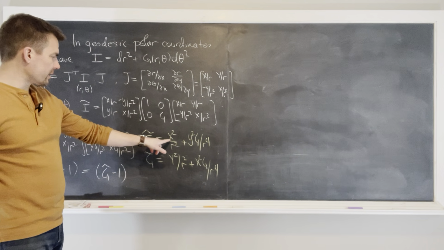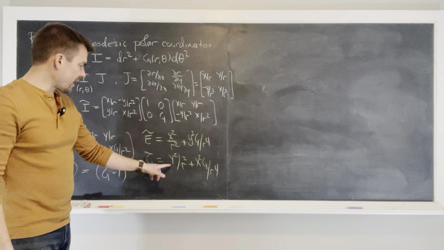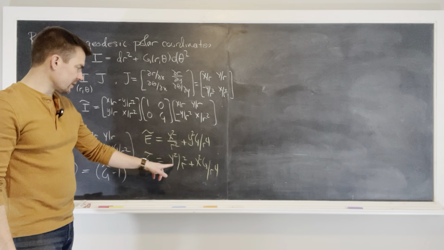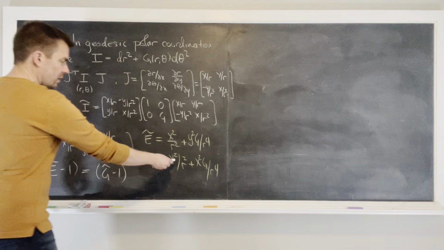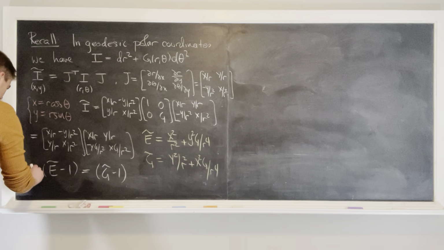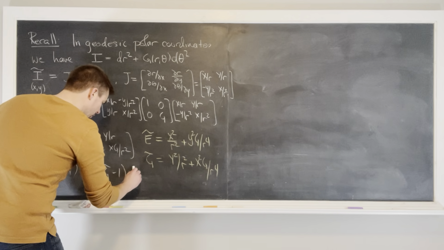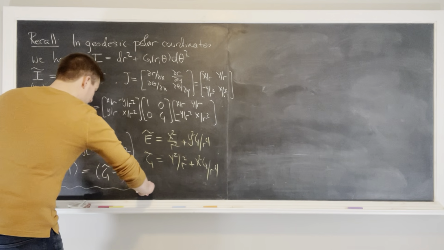Well, if I subtract 1 from E tilde, I'm going to have y squareds on top. If I subtract 1 from G tilde, I'm going to have x squareds on top, right? So if I multiply these terms by x squared, that has to be these terms over here multiplied by y squared. Okay? This is an important relationship.